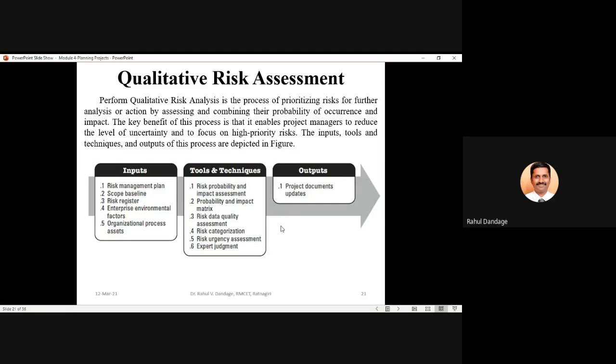What we get as output from this qualitative risk assessment is that your project documents will get updated. The project documents will get revised to incorporate all these qualitative risk assessment updates.